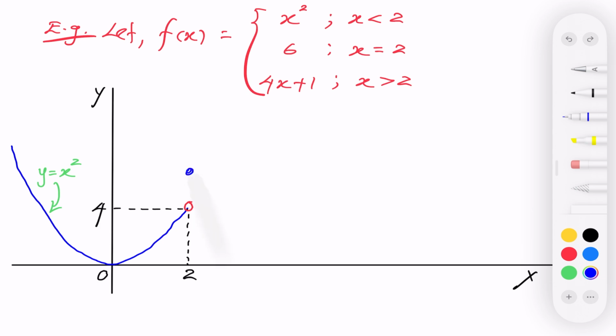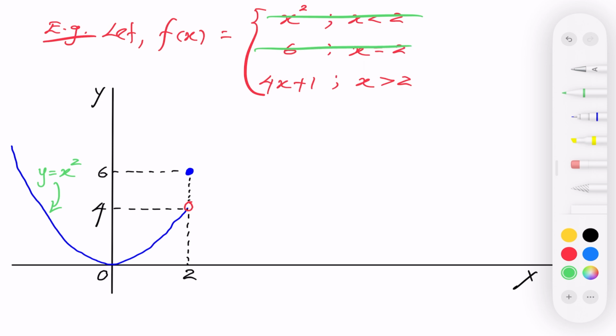Let me show it as a closed dot. I need to show the corresponding x and y values. So it is x equals 2 on that same dotted line, and that y value right here should be equal to 6. Of course, this is not drawn to a scale. Okay, now we are done with the first two pieces of the piecewise function.